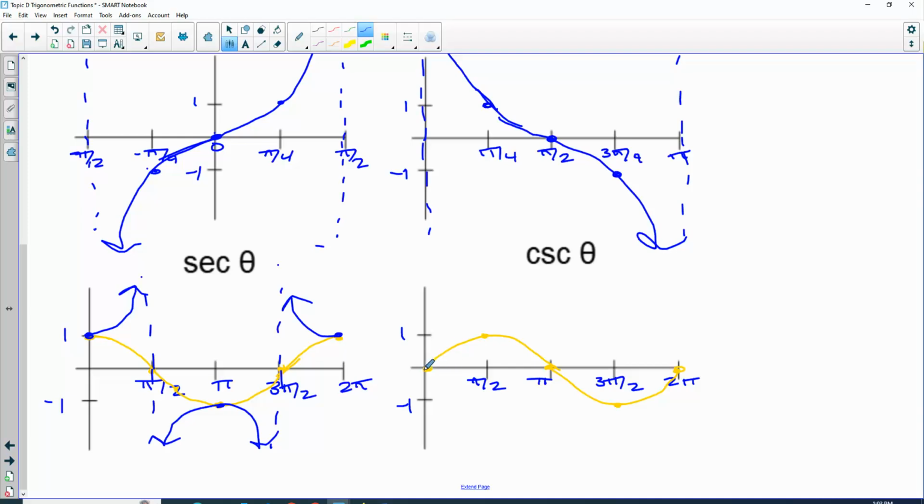Then asymptotes where it was 0. High and low points stay. And it looks like that.